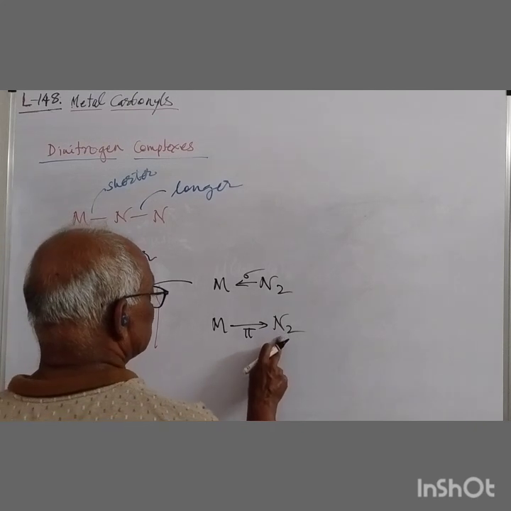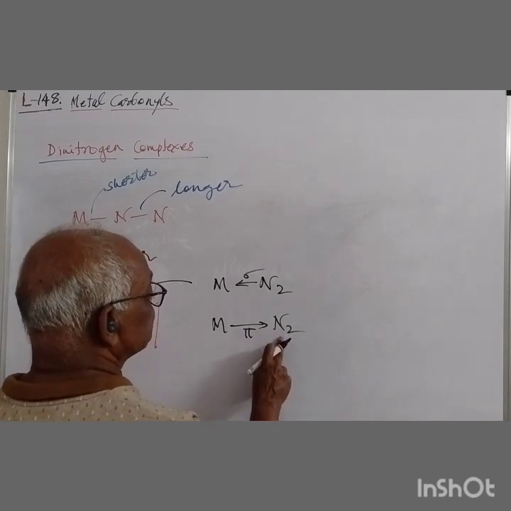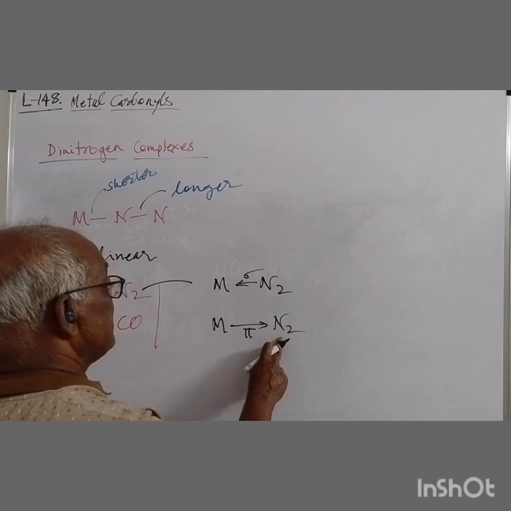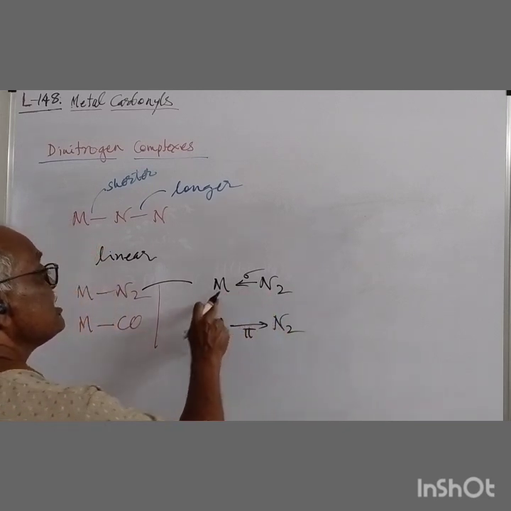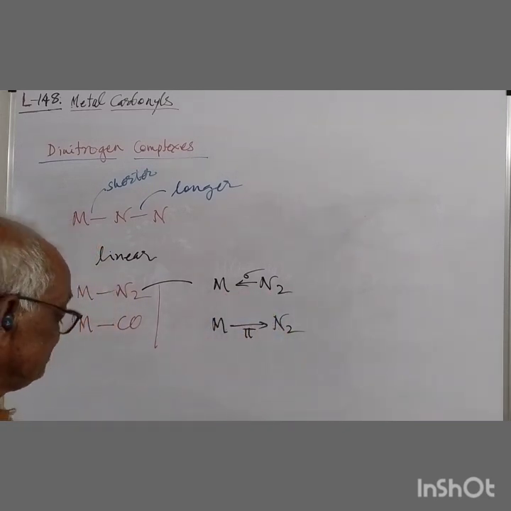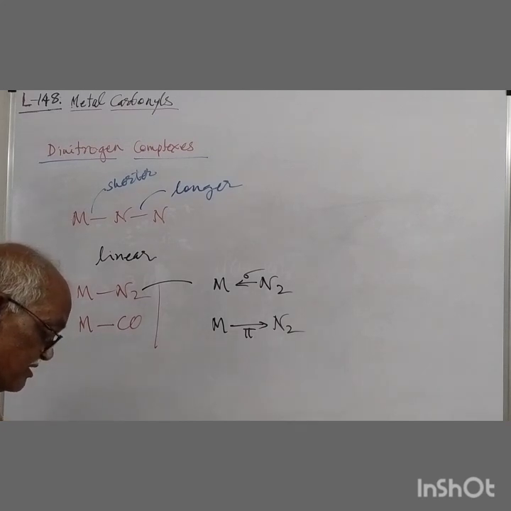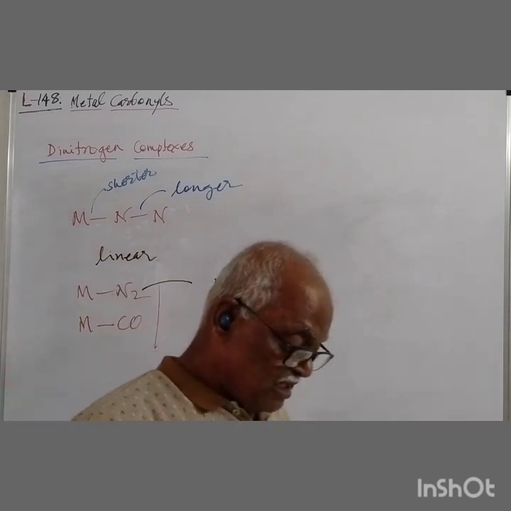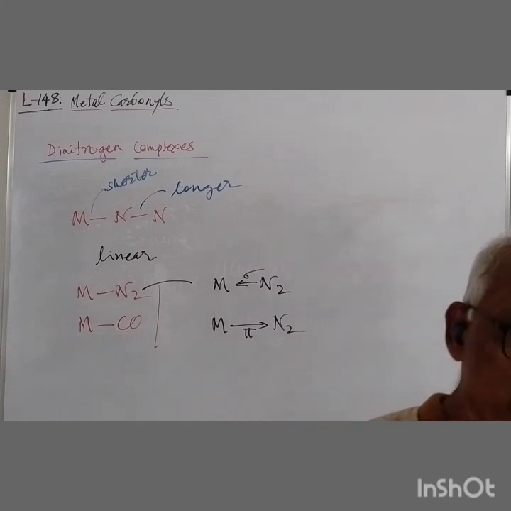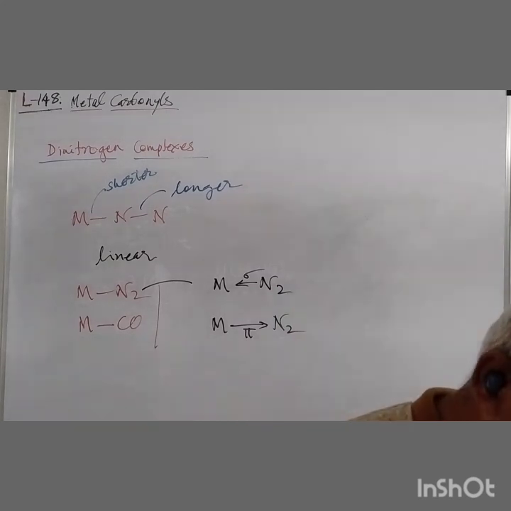So here nitrogen is a pi accepting ligand and a sigma donating ligand. These components are evident from the study of the characteristics of metal nitrogen compounds.